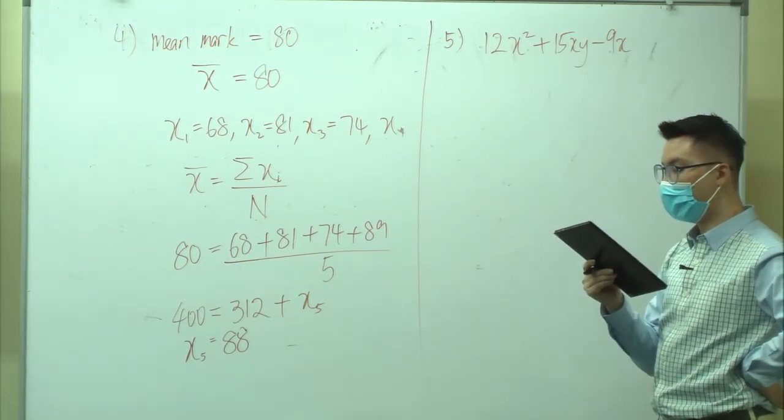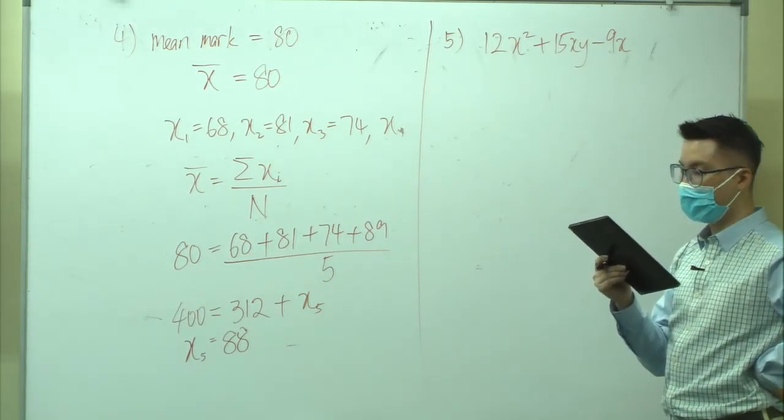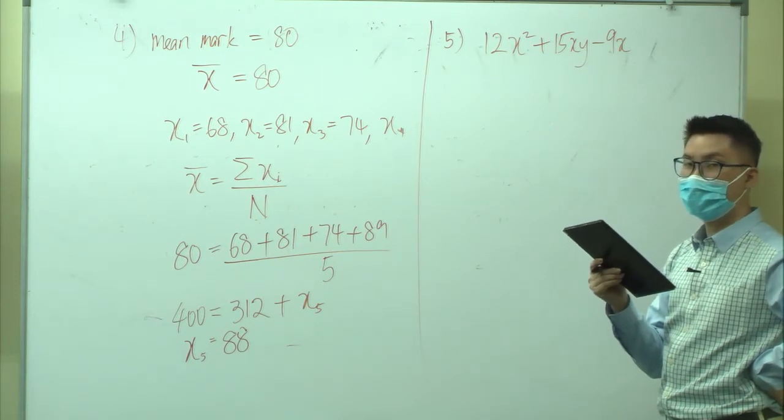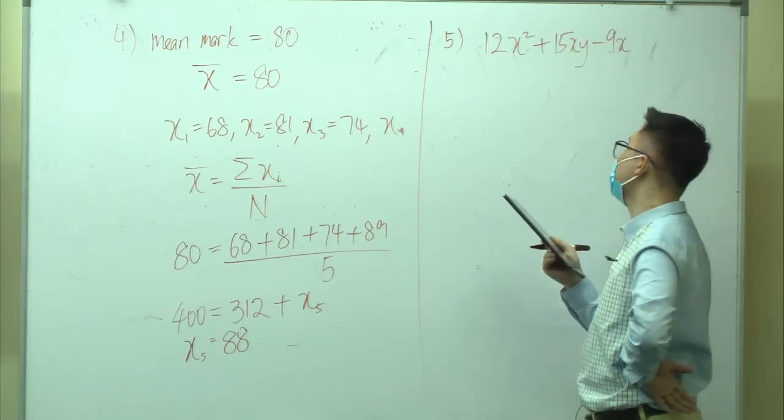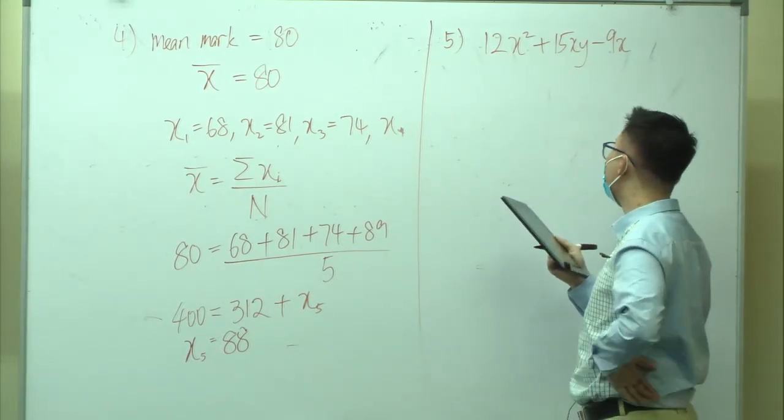You need to take out all the factors, not only some, because this is factorized completely. So you need to find a common factor.